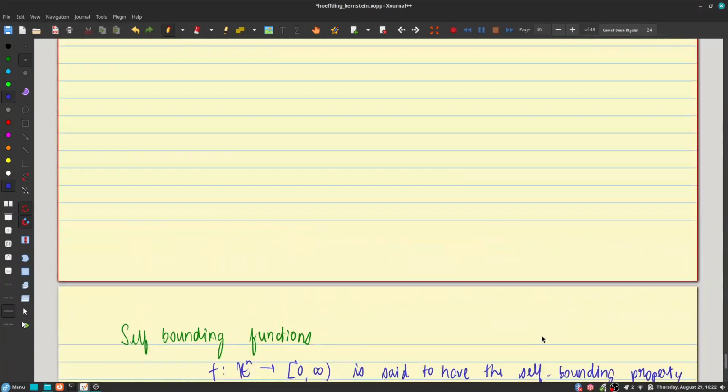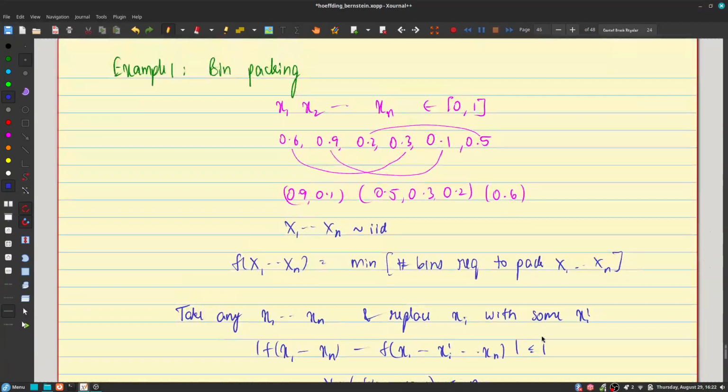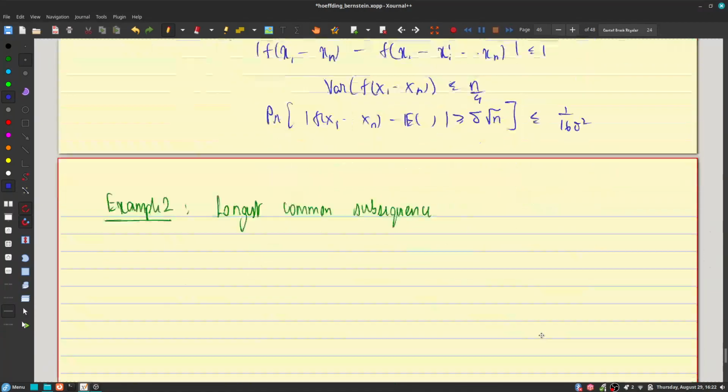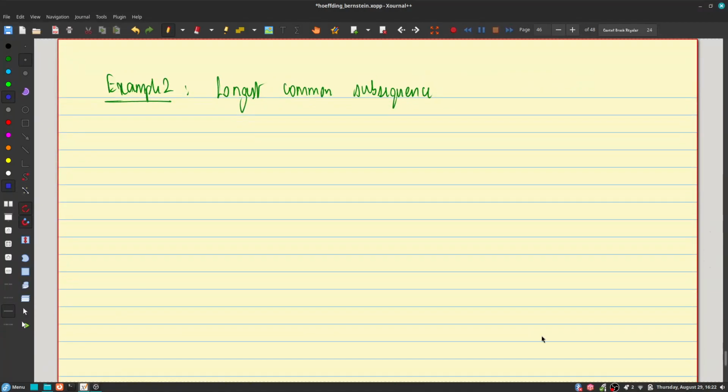Okay, so let's see another example. In the last class, I showed this example of bin packing. Let's take another example of finding the longest common subsequence. So this is the following problem. You're given two random sequences. They need not be identically distributed, but independent sequences. So you have x1 up to xn and y1 up to yn, all independent entries.